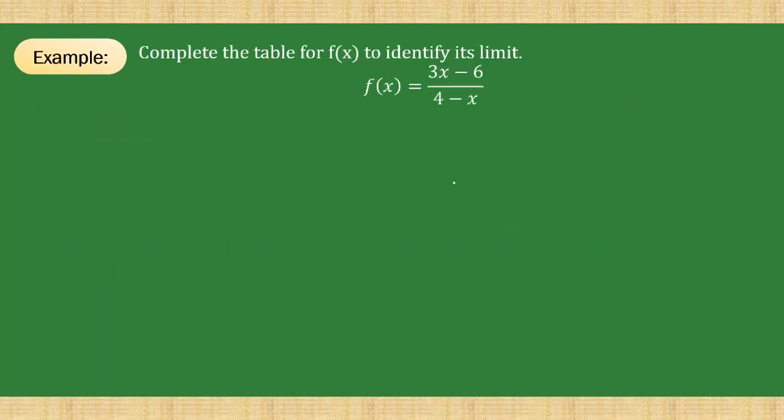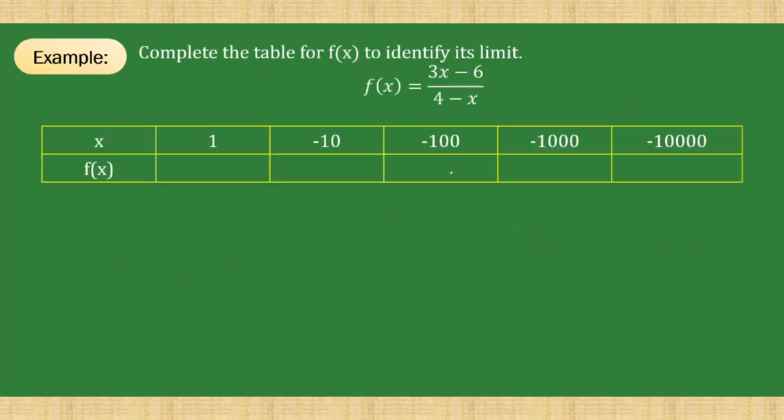Let's use this f of x and this table of values to identify the limit as x approaches negative infinity. Negative infinity yung ina-approach ni x kasi kung makikita ninyo sa ating values, lahat yan ay mga negative numbers na palaki ng palaki yung value.